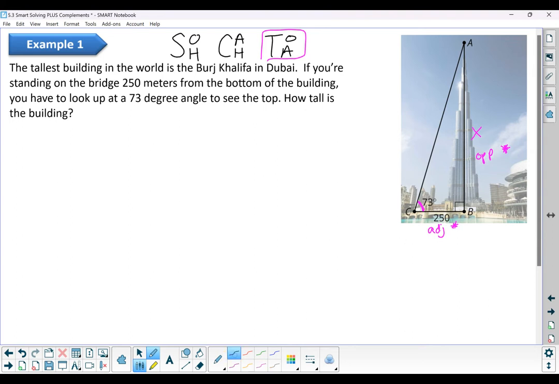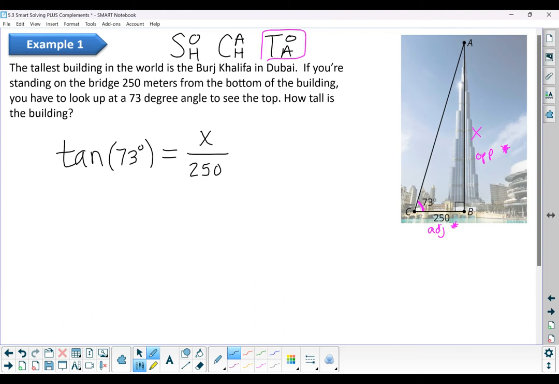So when we set up our trig equations, remember we start with our trig ratio. This one's a tangent ratio, and that ratio needs to have the angle in it. So the tangent of 73 degrees is equal to, for tangent, the ratio is opposite in the numerator and adjacent in the denominator. So this is x divided by 250. So we're solving this equation for x.